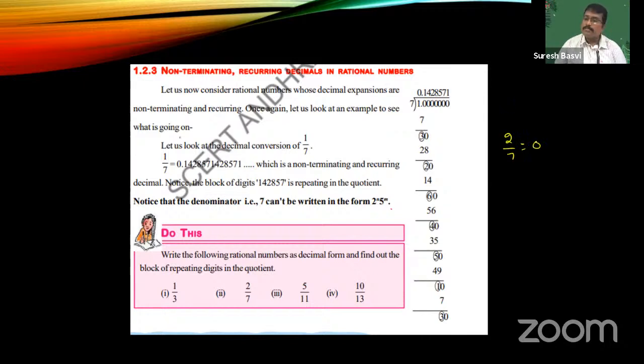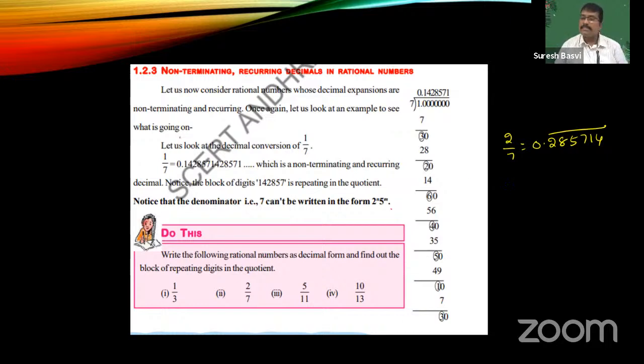So 2/7 is nothing but, if you work it out, 0.285714 bar. So this is going to be the block of repeating decimals.